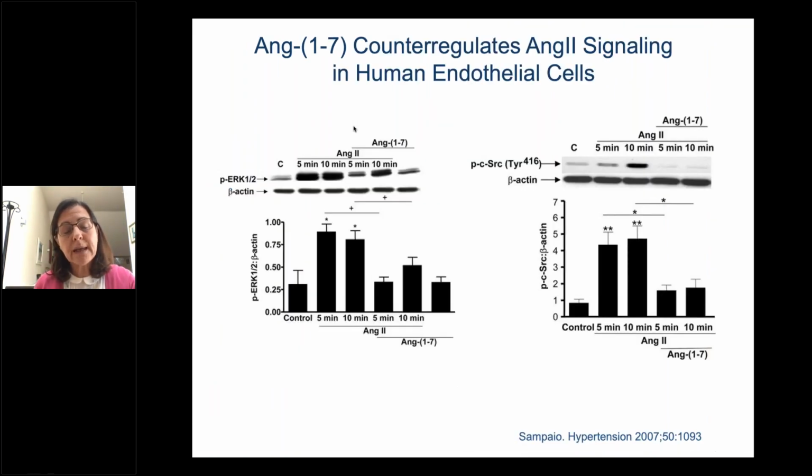We also showed that Ang1-7 protects against angiotensin 2 signaling in human vascular cells, because here we can see that angiotensin 2 induced activation of ERK and c-Src is markedly attenuated when we pre-treat these cells with Ang1-7.